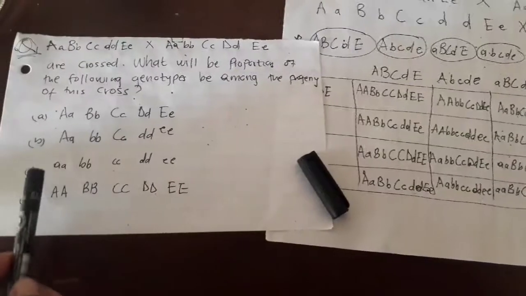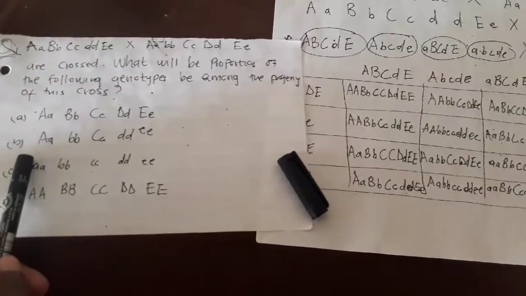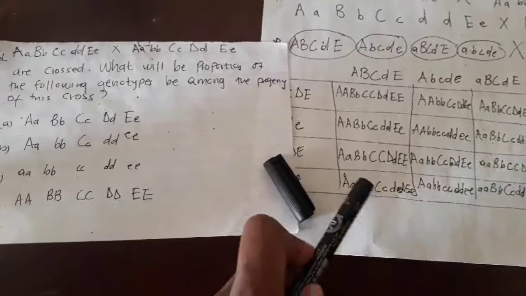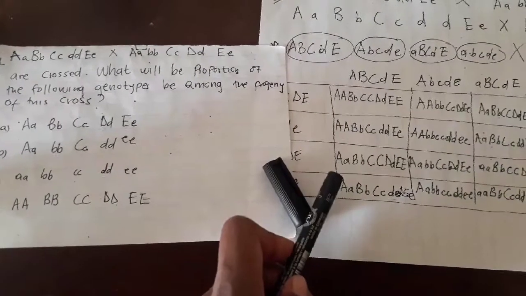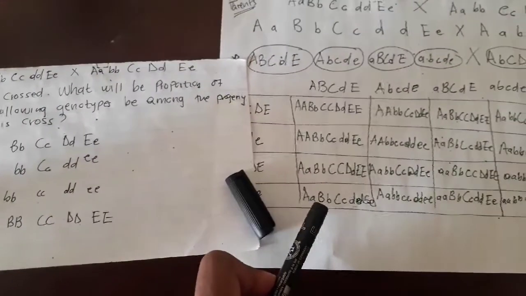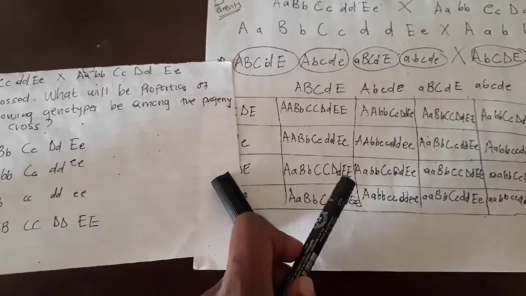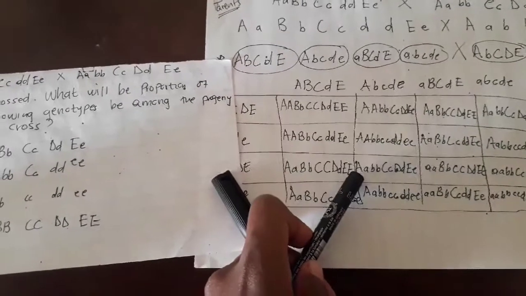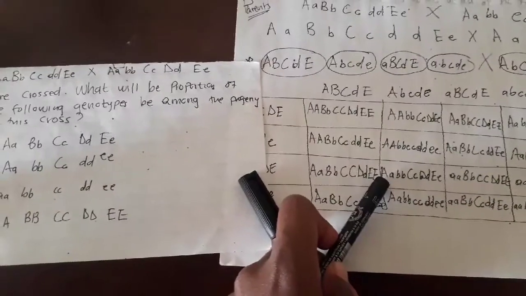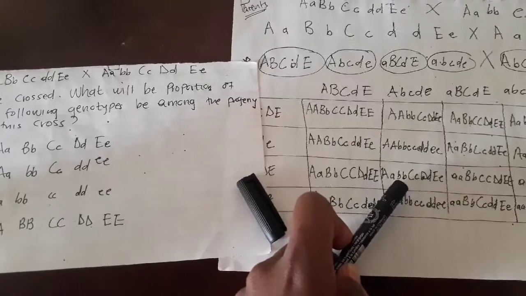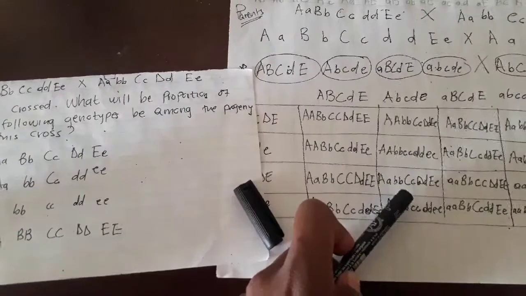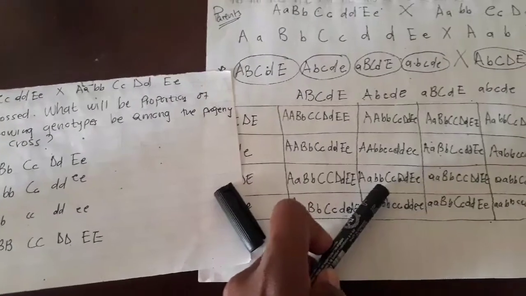Let's check for option C. We have to look for small letter A, small letter B, small letter C, small letter D, small letter E. Not this one.